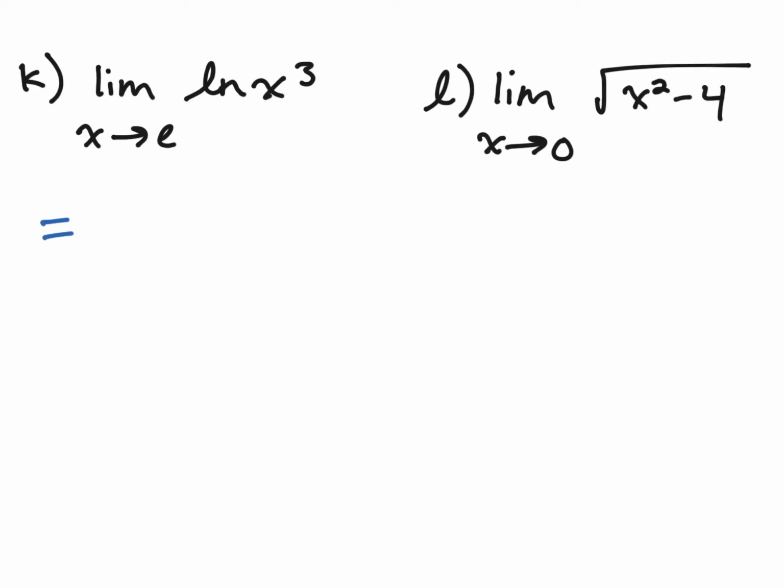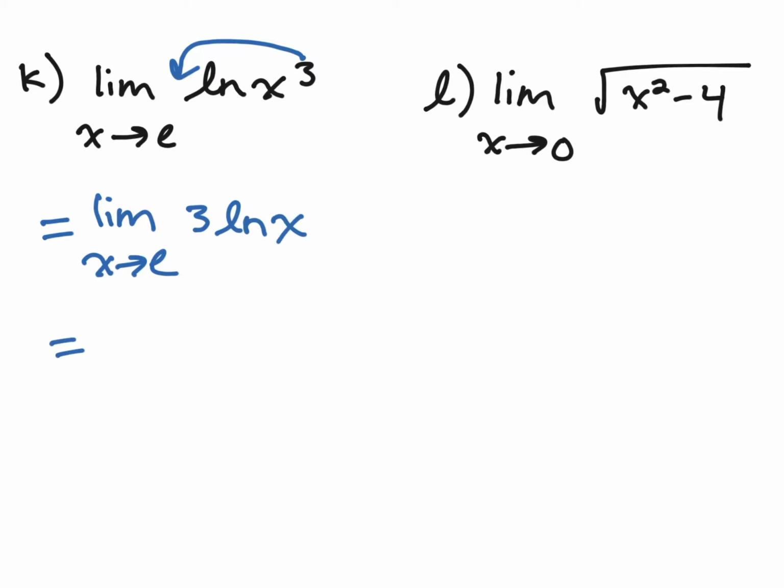This would be a case where WebAssign would not take the unsimplified answer if you didn't realize how it could be simplified. The power property tells me I can bring that exponent in front of the natural log. So before I do the direct substitution, so I'm keeping my limit notation, I'm going to rewrite this as 3 times the natural log of x.